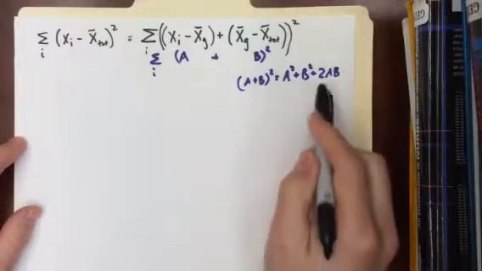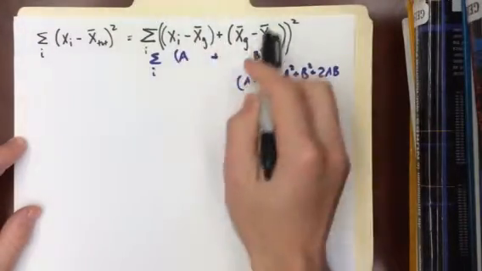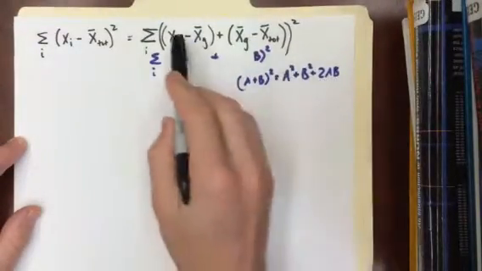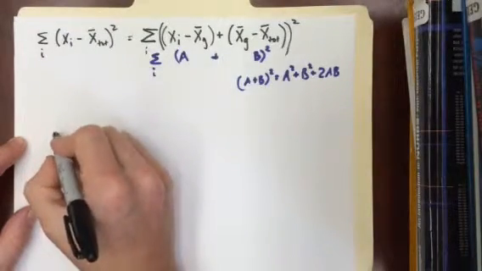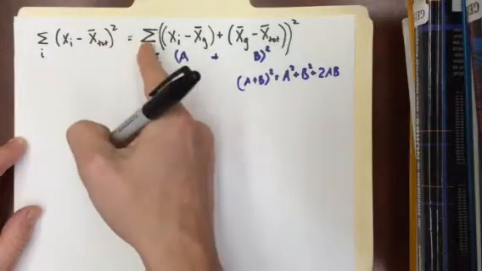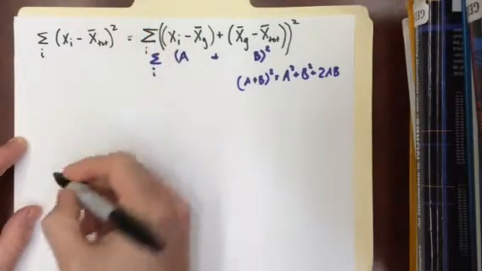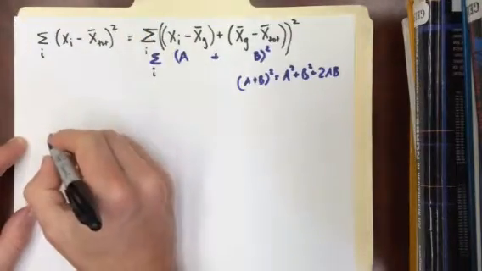Let's focus on what this term will be, given this. All right, so 2ab is going to be 2 times that times that. Let's write that out. First of all, it's all summed over this x, over these individual data points.